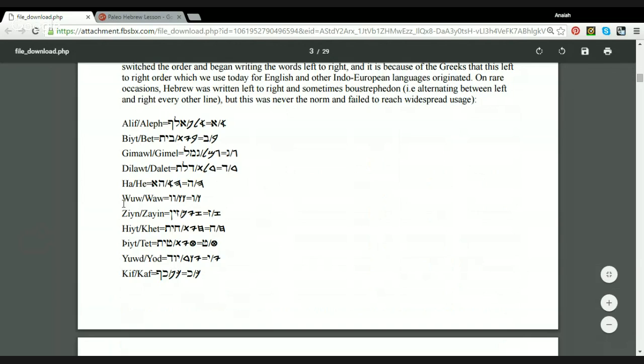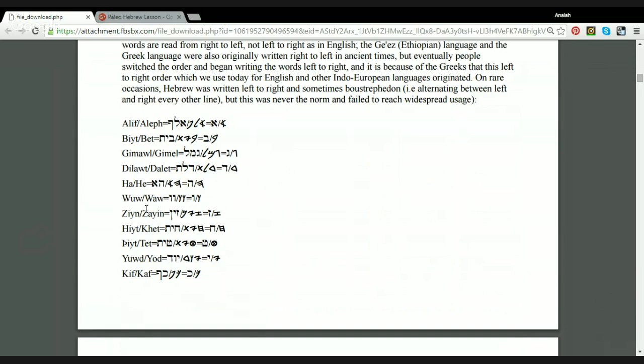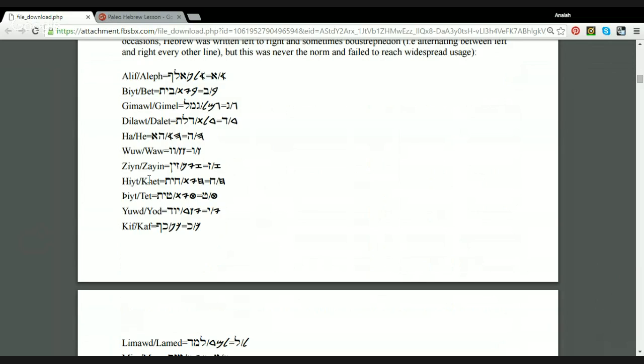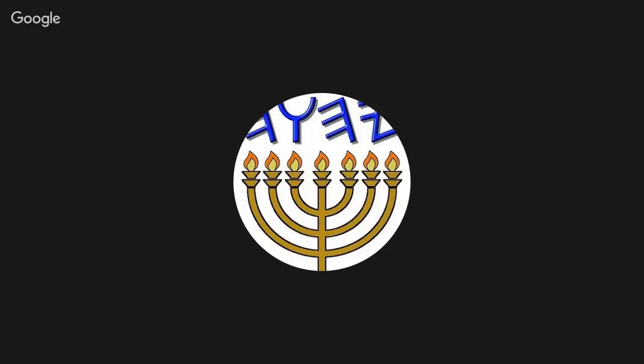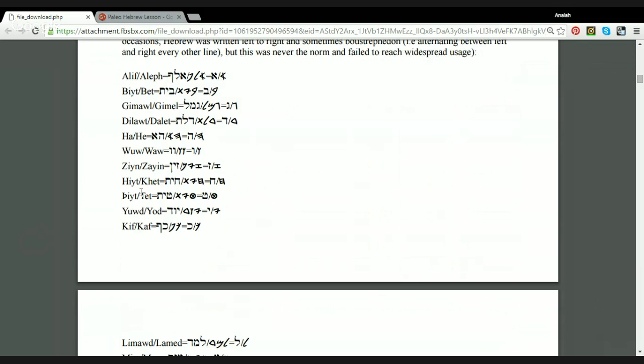Then I have woo versus wa. Then here's zine versus Zion. So here's then heat versus het. Het. That's the KH sound that I use right here, that I've told you about. The KH sound. Theet, but they do it as tet or teth.